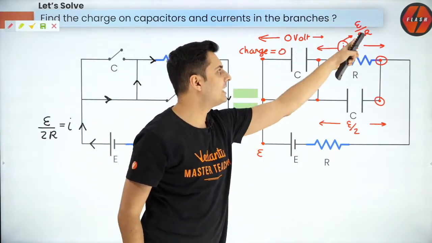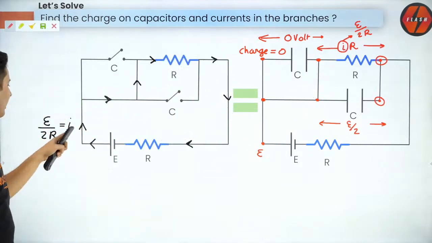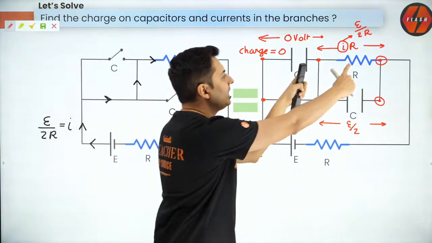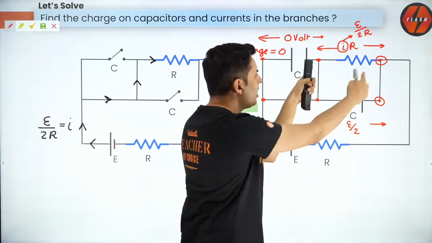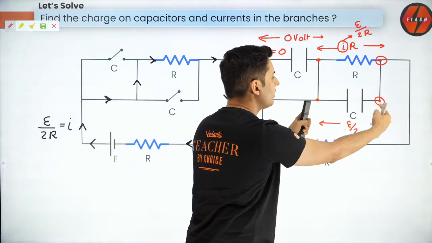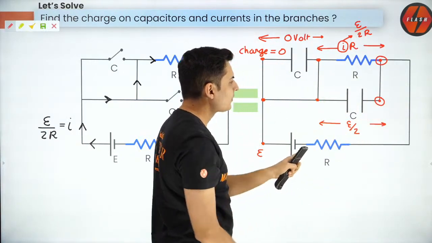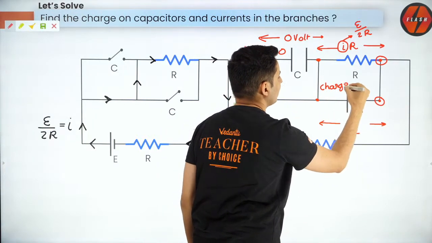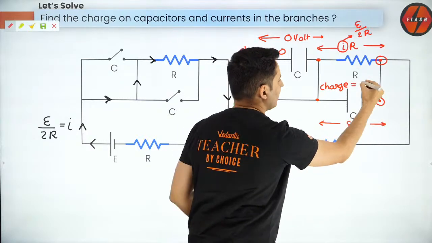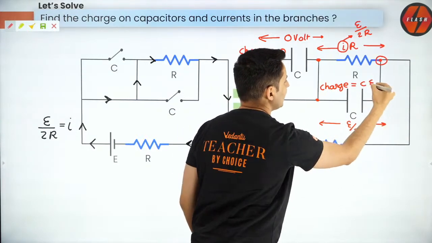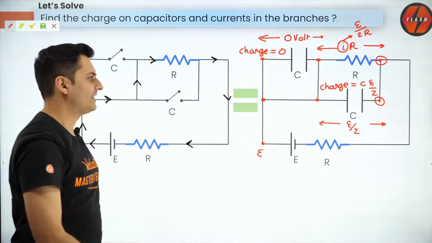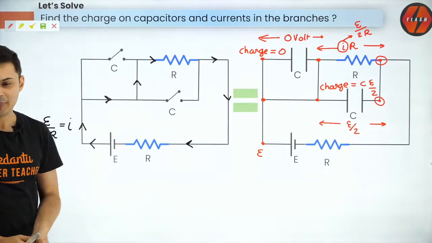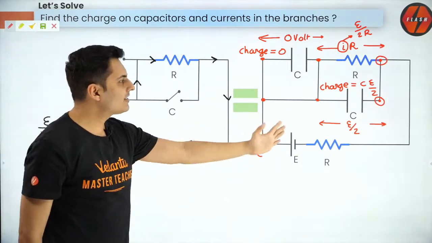I hope this is very clear. Current was already found out. So whatever voltage is there is IR. That's Ohm's law. Same voltage drop will be there here, and that's E by 2. So what will be the charge on this capacitor? C into voltage drop, which is E by 2. That's the answer. That's it. That's it, guys. As simple as that.